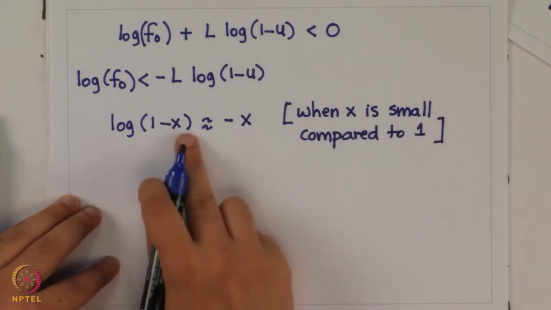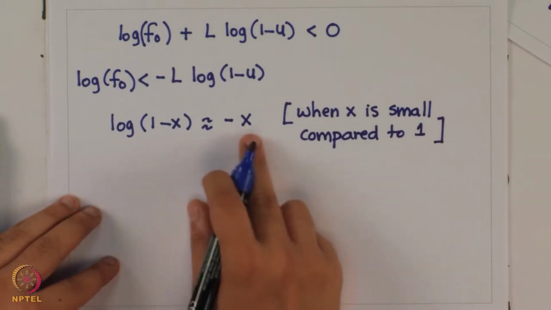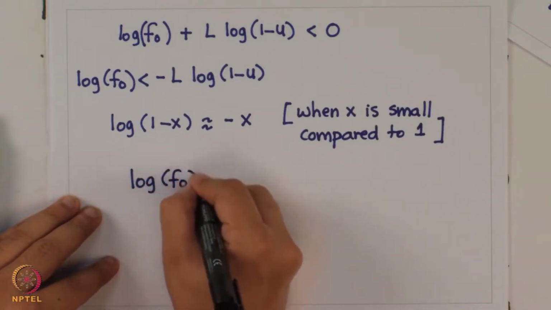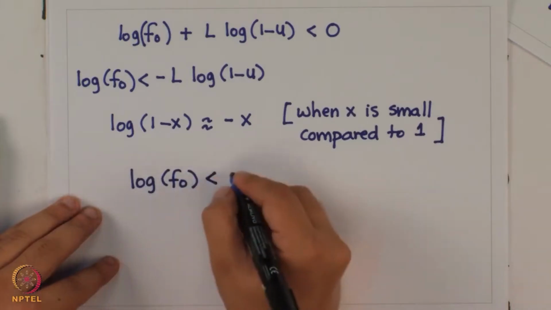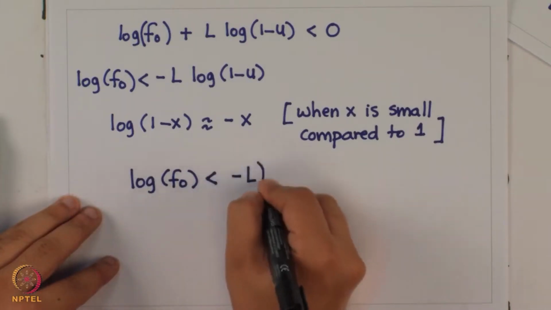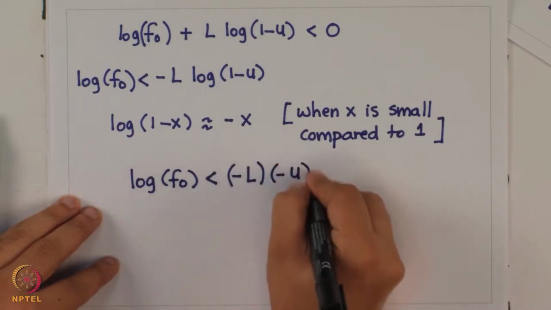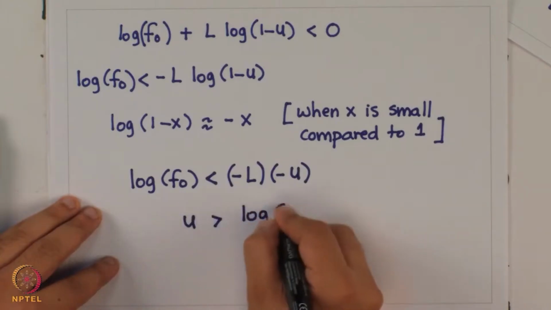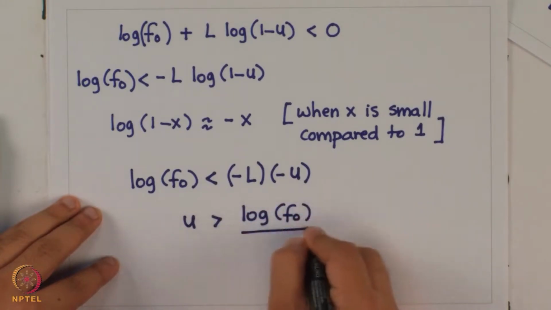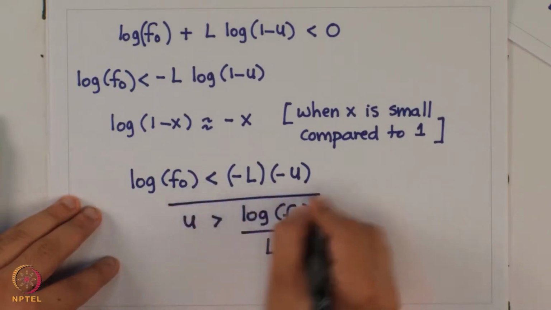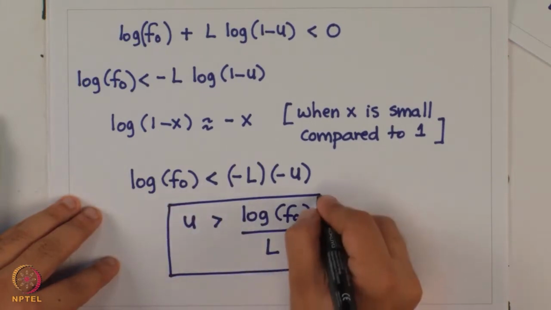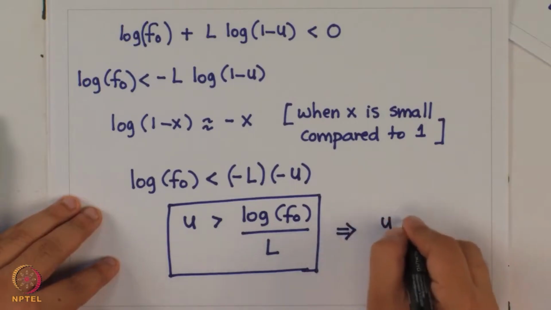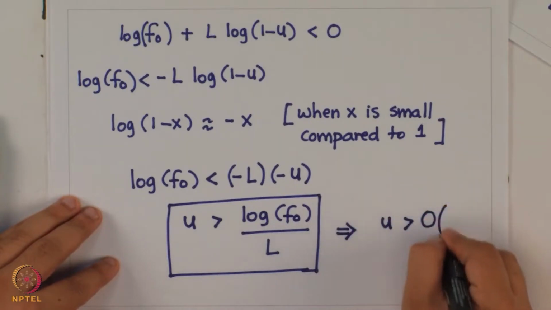So as compared to 1, if x is very small, this is roughly equal to minus x, and that gives me log of f naught less than minus L times minus u, which means u is greater than log of f naught divided by L, which implies that u is greater than order of magnitude 1 by L.